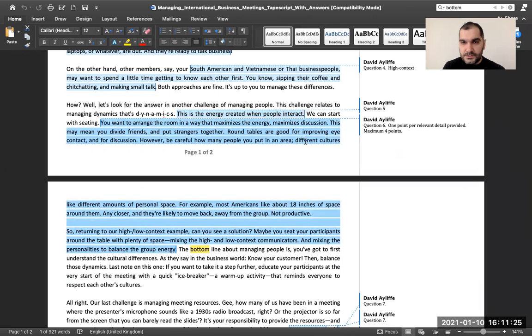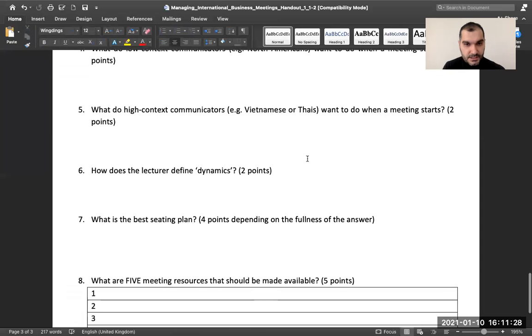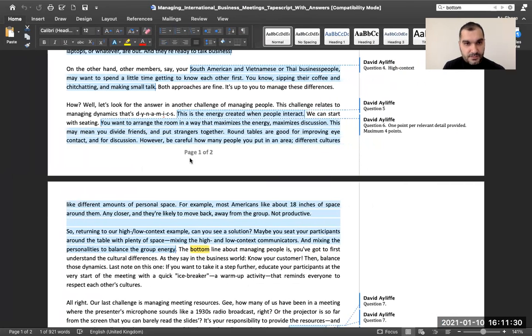You may go into details for dynamics: arranging the room, dividing friends and making people sit, making people belonging to different communicators together, creating a round table to improve eye contact for discussion. You may provide these details.